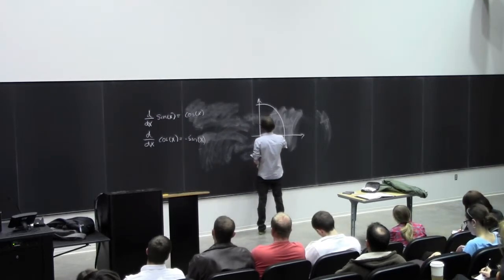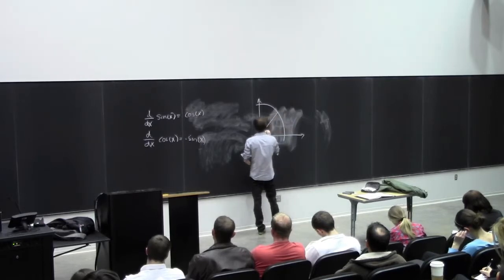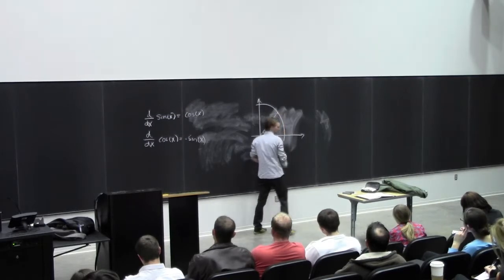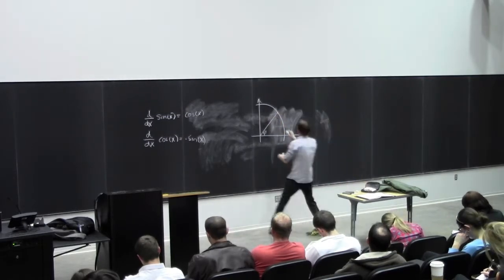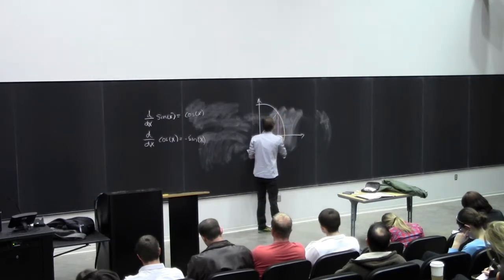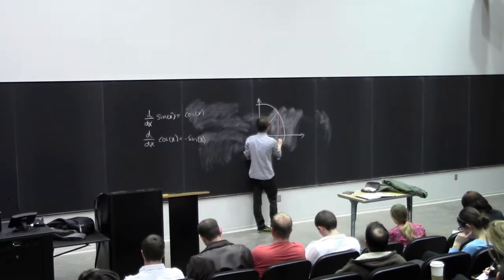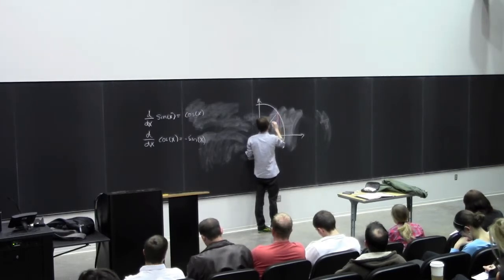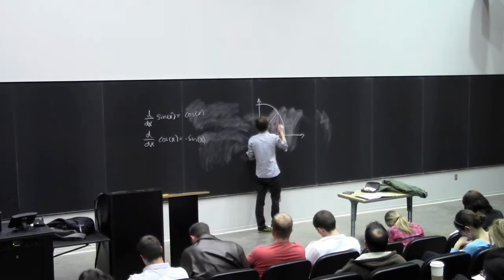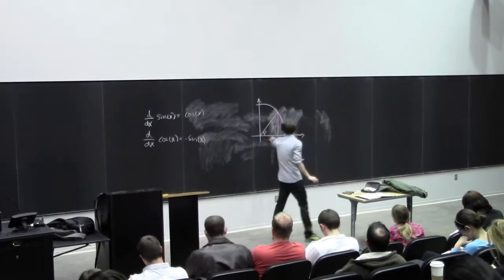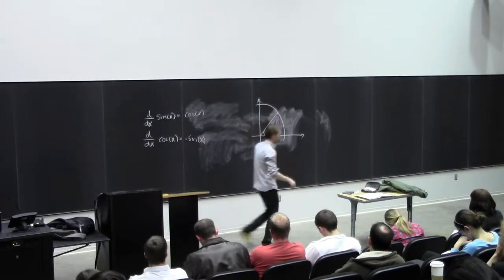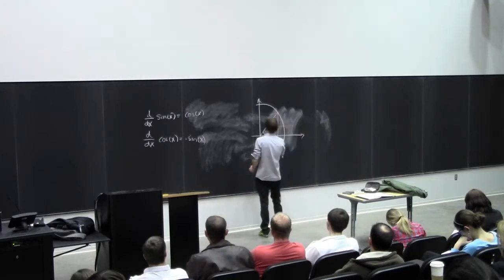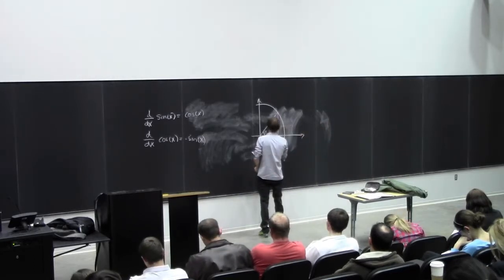So if I have theta here, remember, sine looks like this. This is sine of theta, and then cosine of theta is down here. So let's go ahead and label that too. And if I recall correctly, cosine is blue. Cosine of theta.